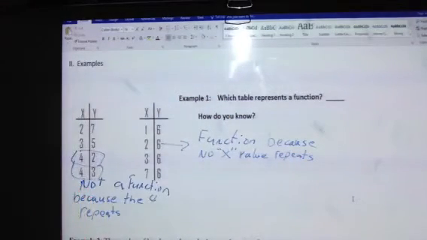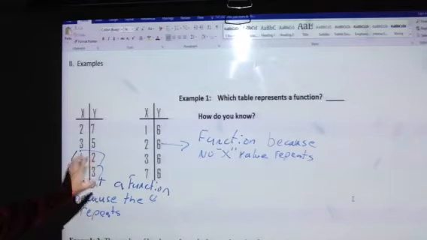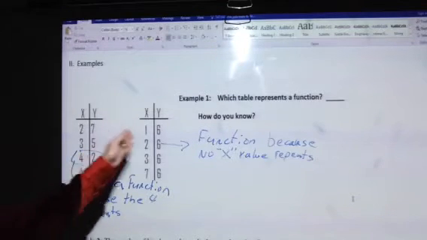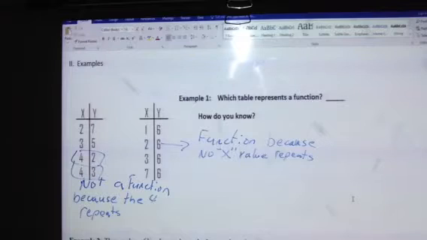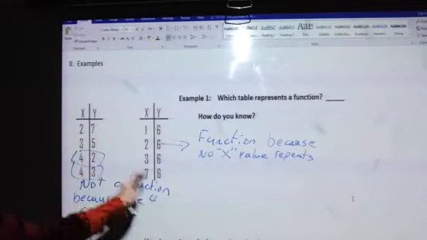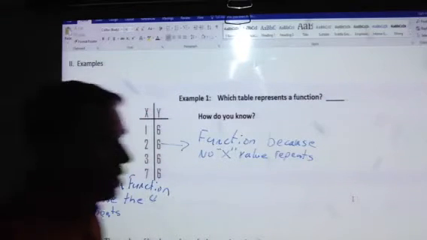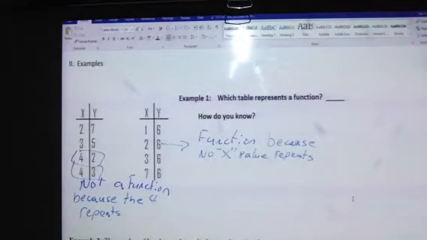And again, this is important in math, and a lot of times in problem solving, once you have one thing, it can never equal different things. And it's important to be able to identify if it's a function or not. So again, if the x's repeat, it is not a function.